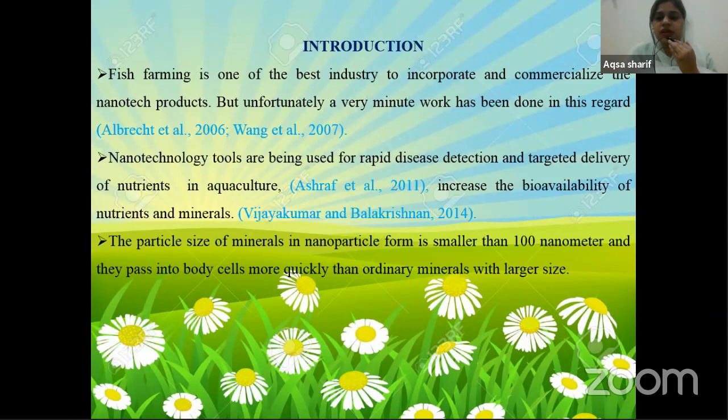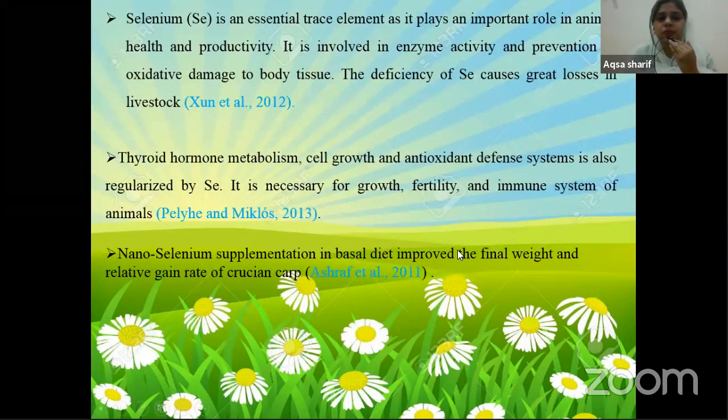If someone asks what the difference is between a normal-size particle and a nanoparticle, the answer is that nanoparticles are less than 100 nanometers, and we use them because they can easily pass into the body cells as compared to ordinary minerals.